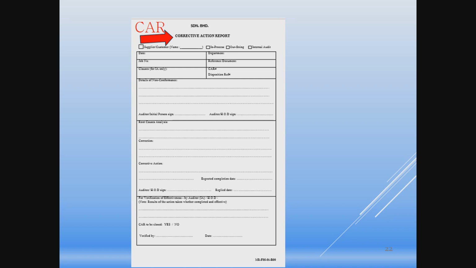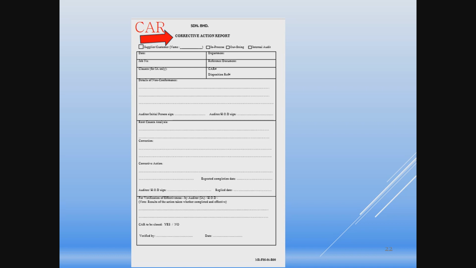In Malay they call it pembetulan. Correction only. If you write wrongly and use liquid paper, it is a correction. Okay, corrective action is the action taken against the root cause just now. If you find the root cause is a material problem, your corrective action is the action taken against the root cause, so that the root cause does not repeat.